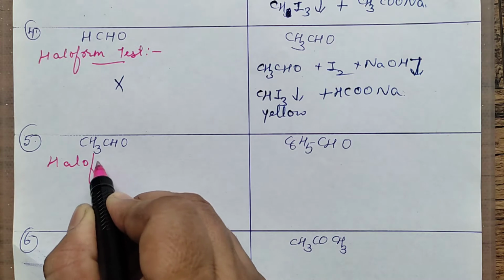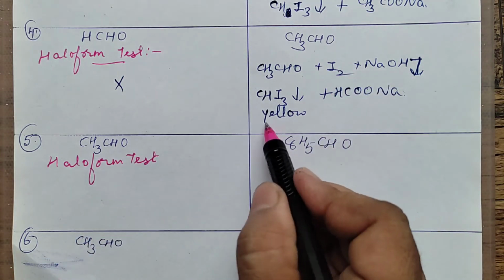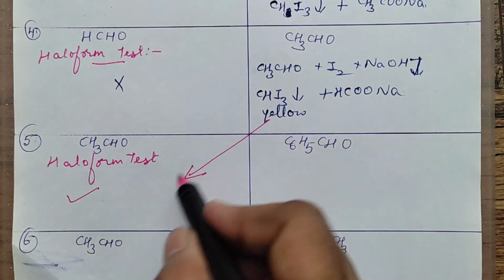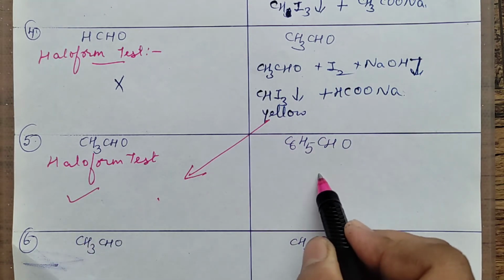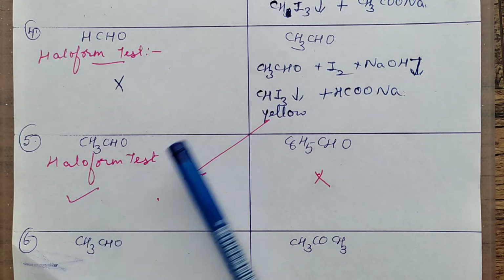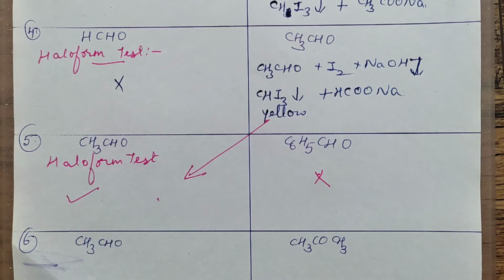You will write the haloform test here. Acetaldehyde gives the test, with the same equation, and for benzaldehyde you will write that it does not give the test. What equation will you write? What we have written just now, because I have not written the same equation again. For benzaldehyde it will not give the haloform test.